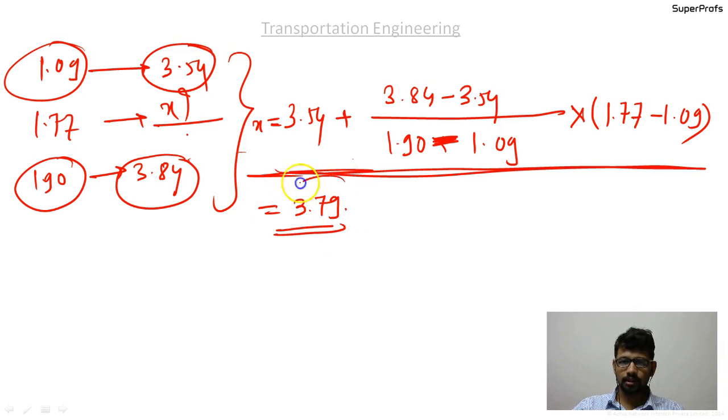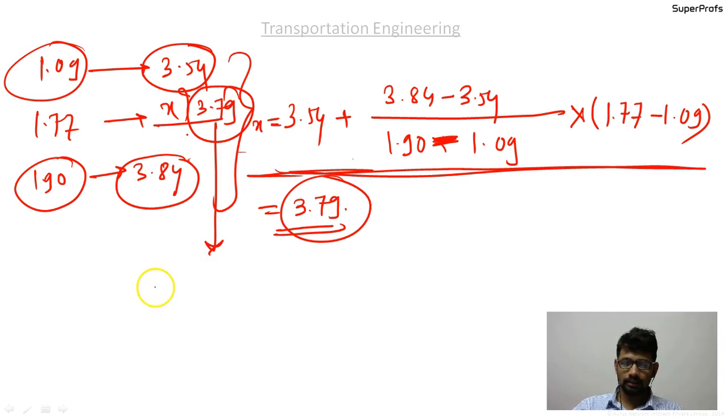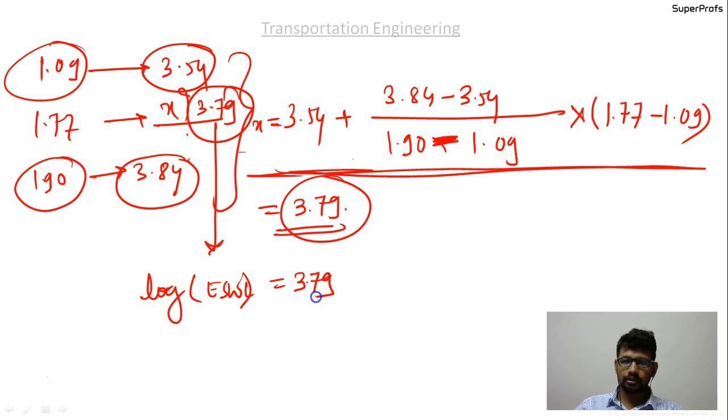Okay, x value is 3.79, which stands for log of some value. Okay, the equivalent single wheel load at 60 centimeters is equal to 3.79.